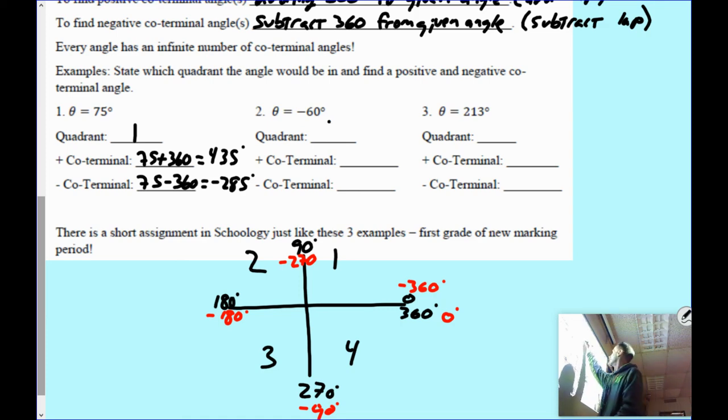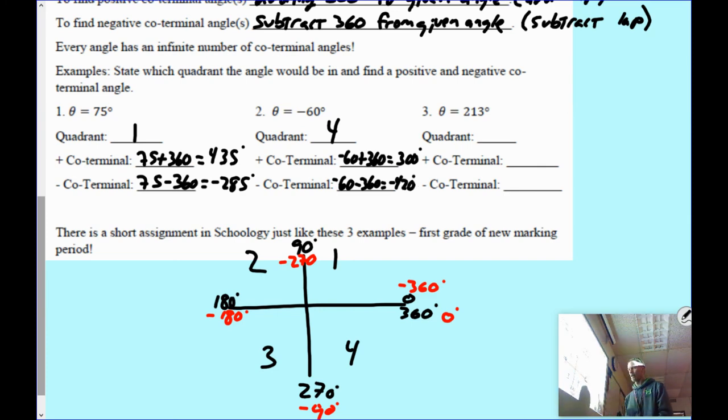So that's where negative 60 degrees would be. But for the coterminal, we do exactly the same thing. So negative 60 plus 360 would be 300 degrees for your positive coterminal angle. Negative 60 minus 360 would be negative 420 degrees for your negative coterminal angle.